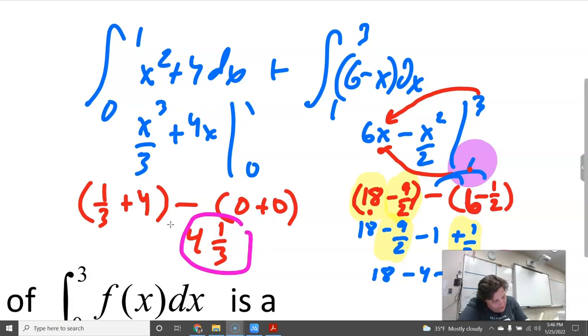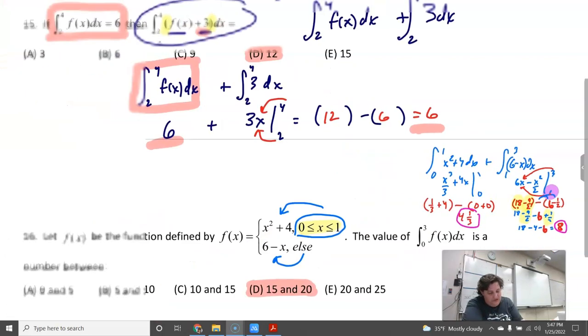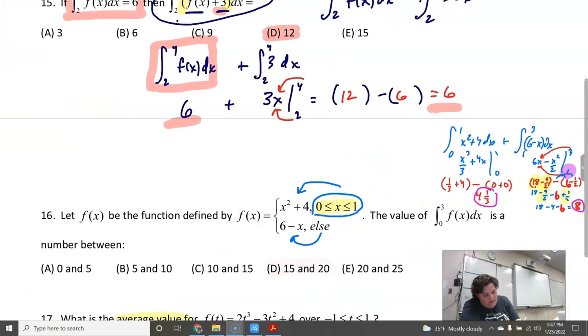Okay, boom. So that was supposed to be 6 minus a half, which meant that that was a 6, which meant that that was an 8. So my two are 8 and 4 1/3, which is 12 1/3. Oh my goodness. So it's actually that one.